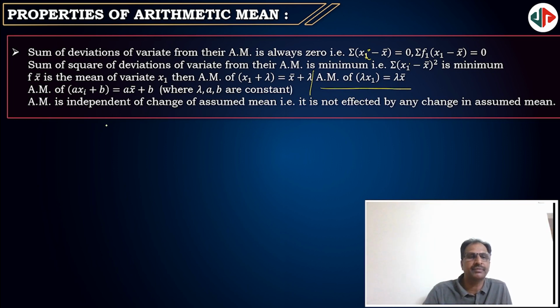Therefore, arithmetic mean of A into Xi plus B is A into X bar plus B, where lambda, A, B are constants. And arithmetic mean is independent of change of assumed mean. That is, it doesn't get affected by any change in the assumed mean. So remember, whenever every observation is added by a constant, its arithmetic mean also gets added by a constant. If every observation is multiplied by a constant, then its arithmetic mean will be multiplied by a constant.